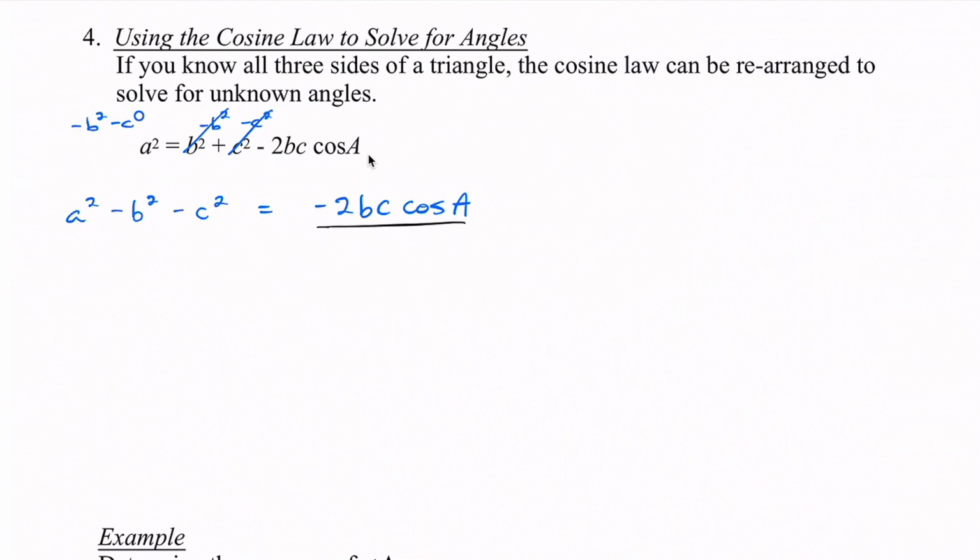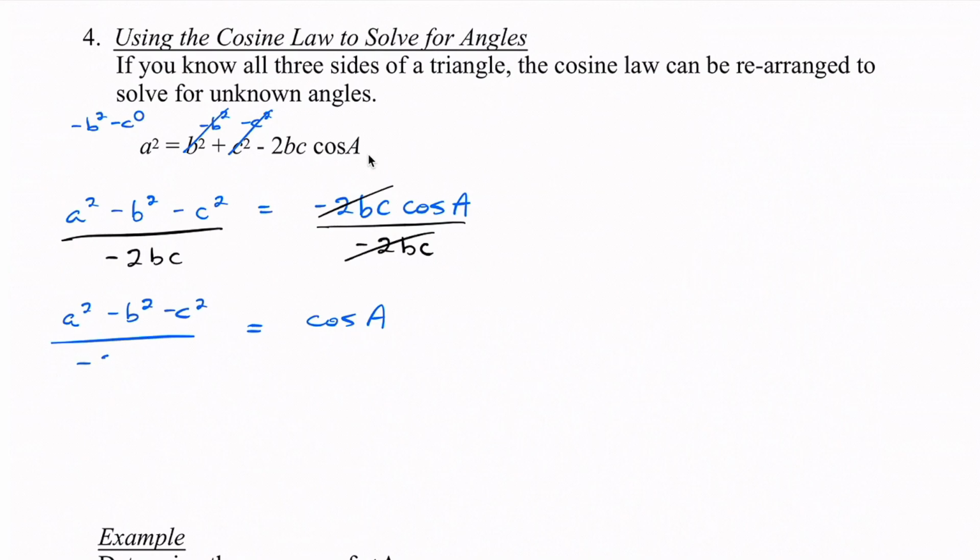We're going to have to divide by minus 2bc, and then do that on the other side, minus 2bc. And on the right, all of this cancels. So on the right hand side, all that's left over is cos of A, and on the left we have a squared minus b squared minus c squared, all divided by minus 2bc.